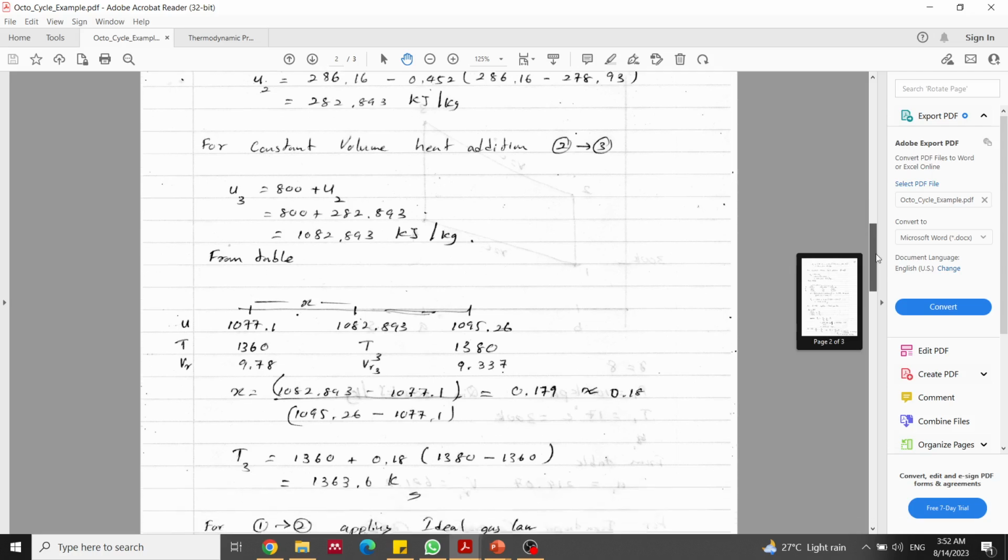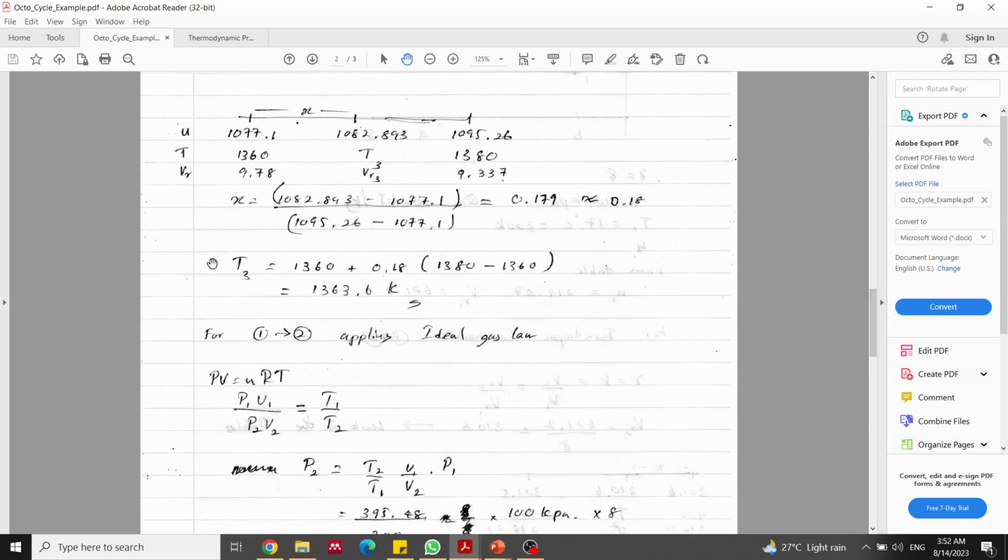So once you do that, we get T3 equal to 1363.6 Kelvin. Later on we can find the VR3 as well.